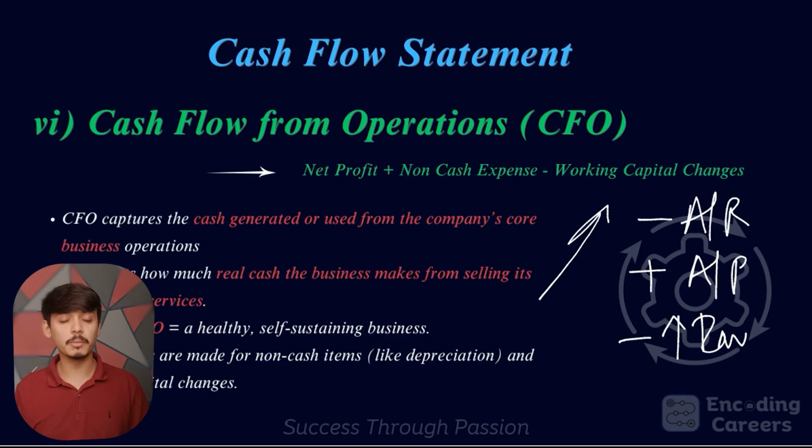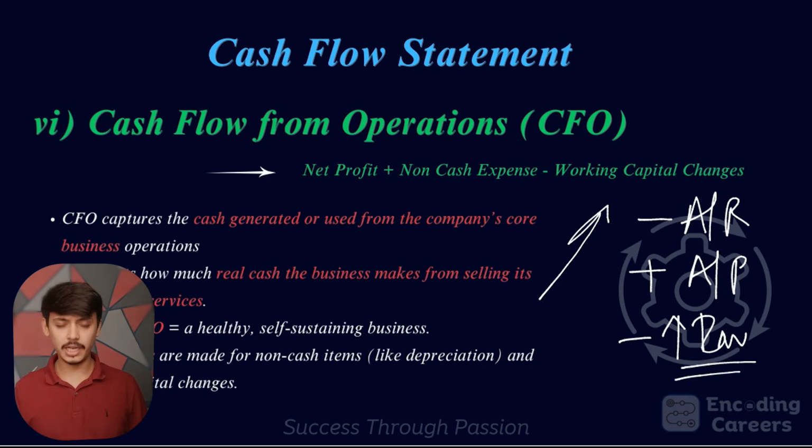Talking about accounts payable, whenever there are business expenses that we are making, and some of the expenses are on credit, that is we need to pay them, but we have already shown it in our expenses, so that will be cash addition to us because we have already subtracted it, and that expense is not paid. We are now adding back the cash that we had left for that expense, and that is shown as accounts payable.